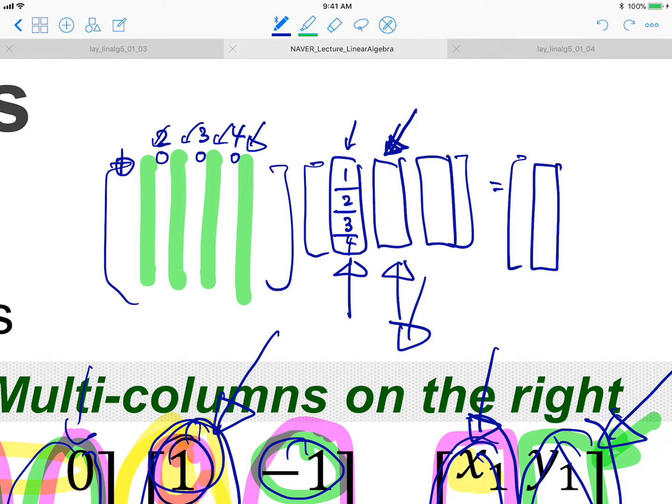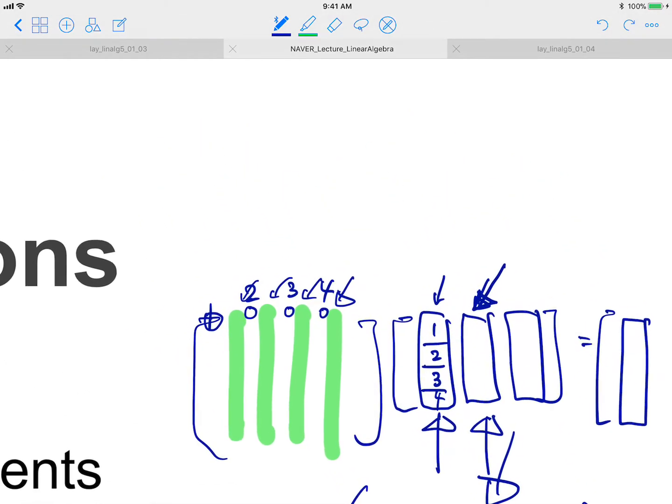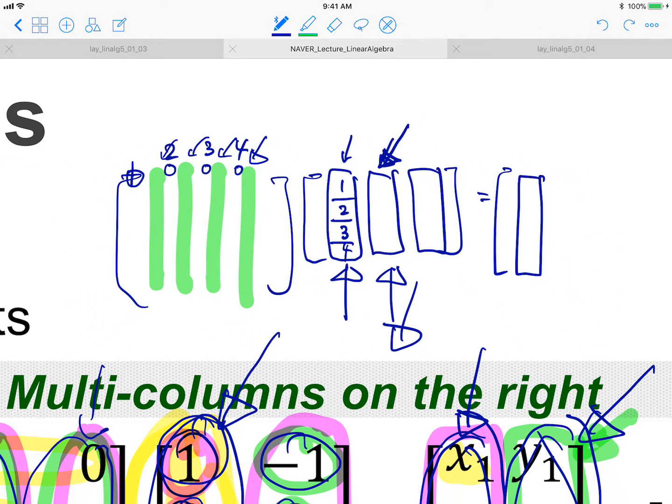How many numbers do we have? Still 4 different numbers should be given, because we need 4 different linear combination coefficients. But let's suppose that it is 4, 3, 2, 1.